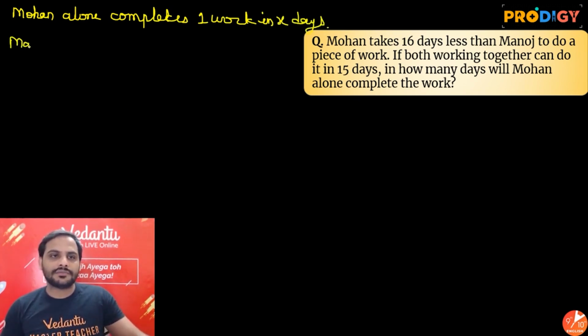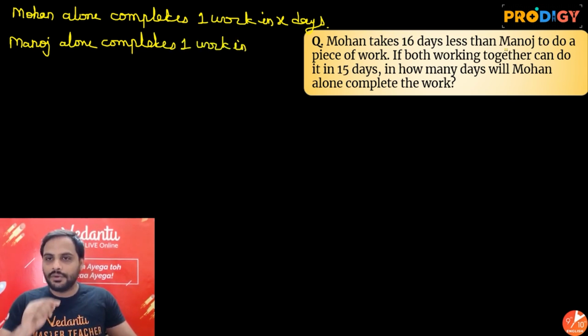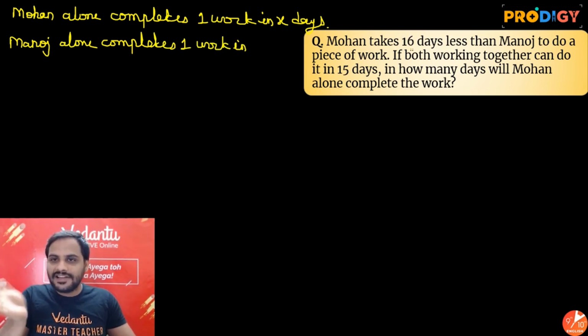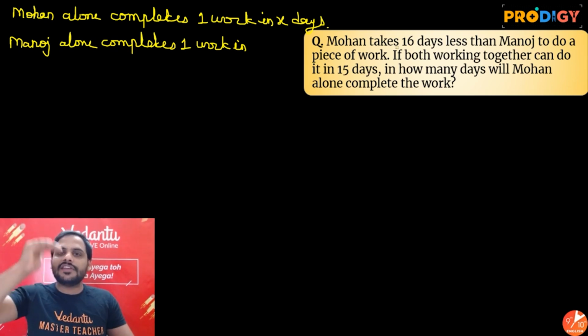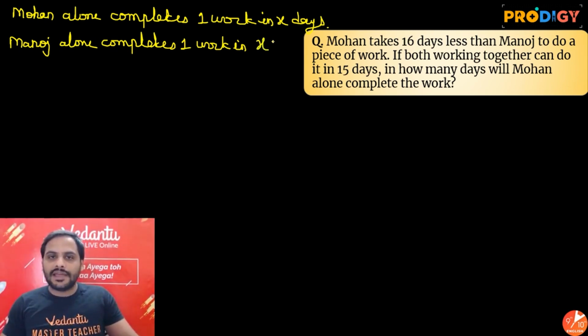So Manoj alone completes one work in how many days? Mohan is taking 16 days less than Manoj, so in a way, I can say Manoj is taking 16 days more than Mohan. So it will be x plus 16 days.